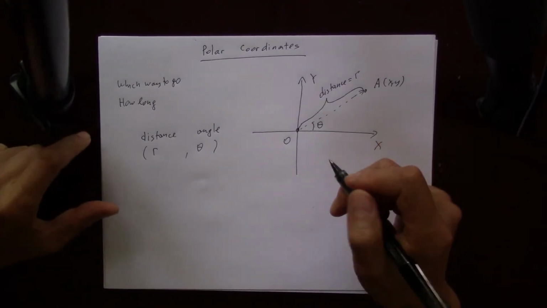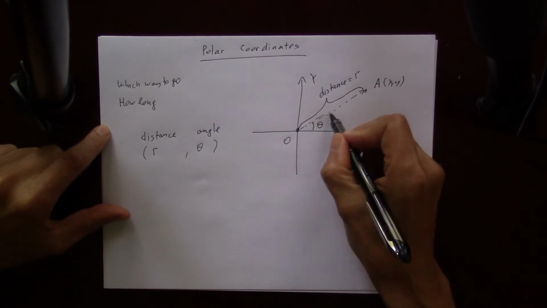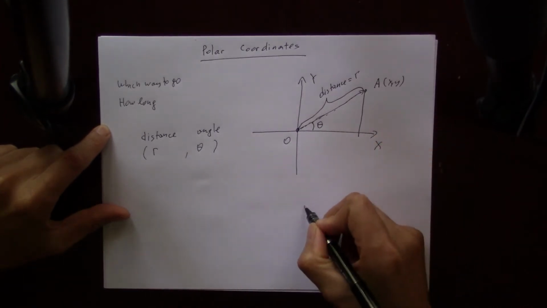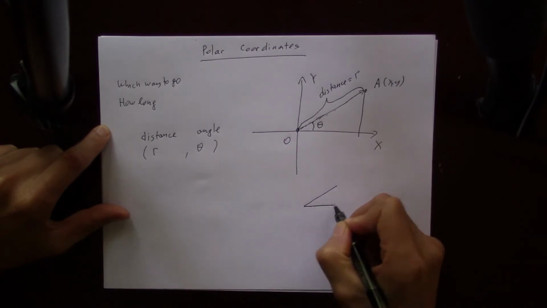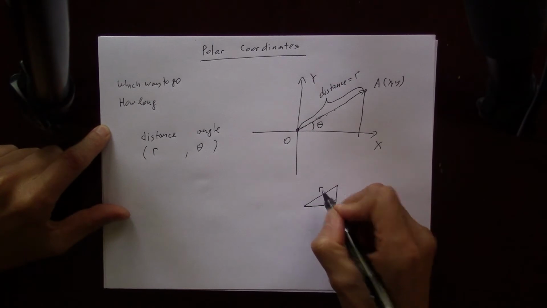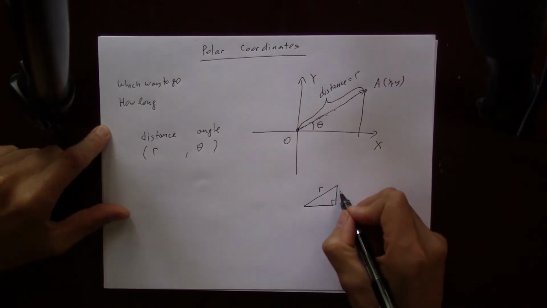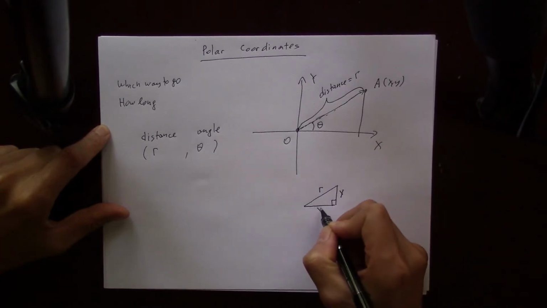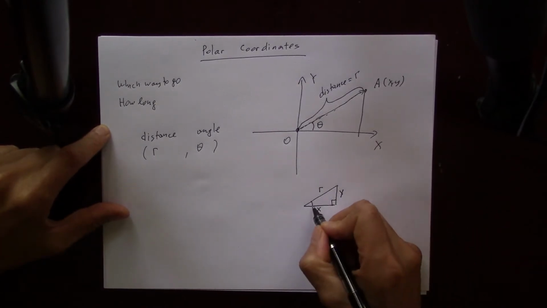Now if you look at the right triangle which we have right here, I'll copy it. That's a right triangle. Hypotenuse r, vertical is y, horizontal is x, angle is theta.